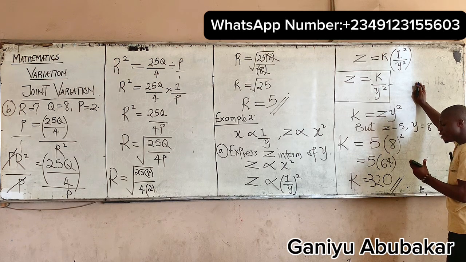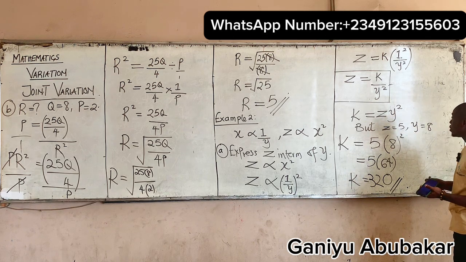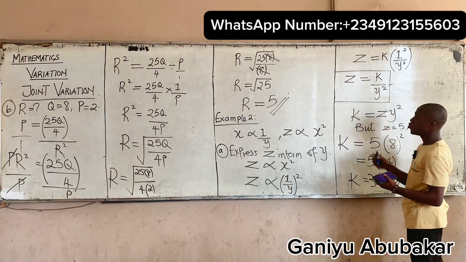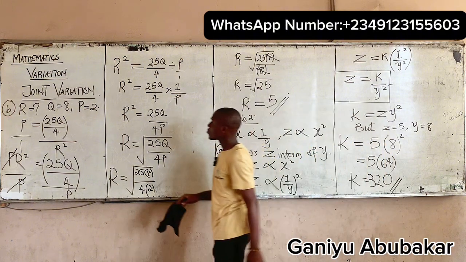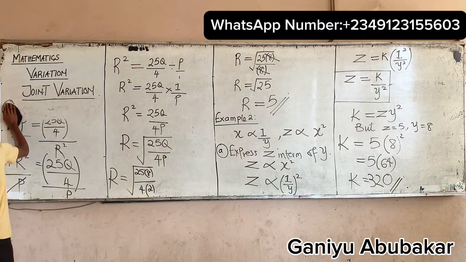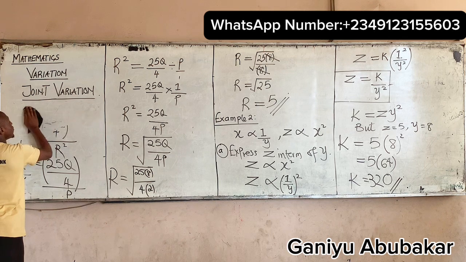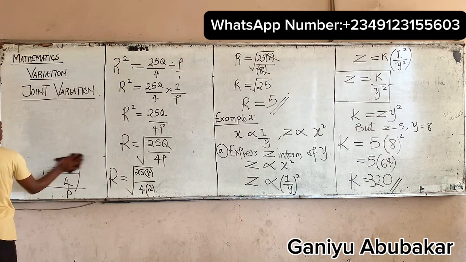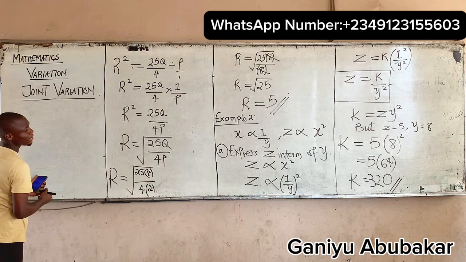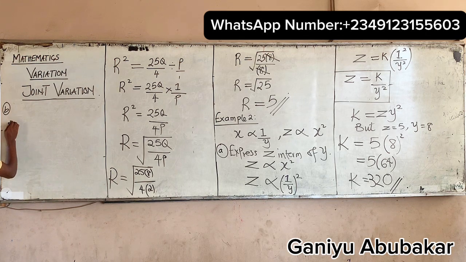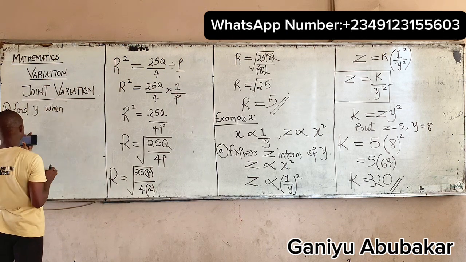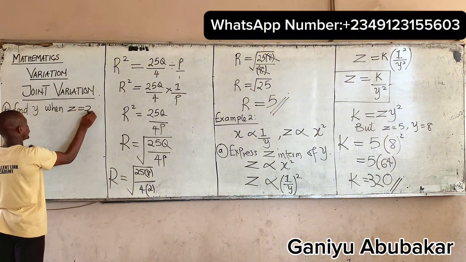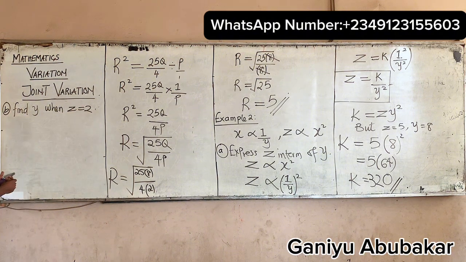Question B says find y when z is 2. It's easy. And they say leave your answer in surd form.